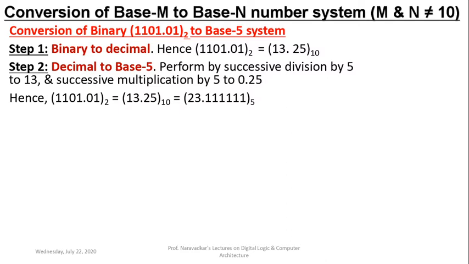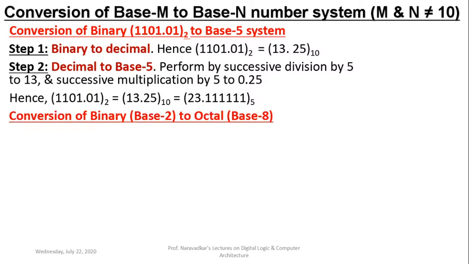Now here is the conversion of binary, that is base 2, into octal number system, that is base 8. In this conversion, you might immediately think, can the above method be used? Yes, it can be used, because that method is a universal method.